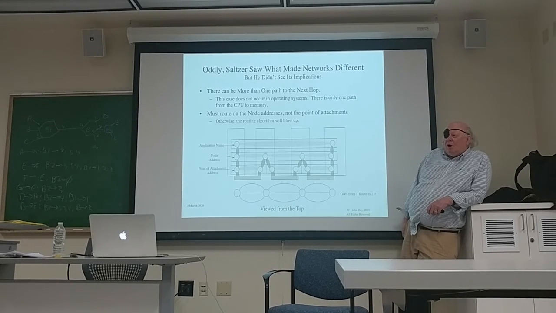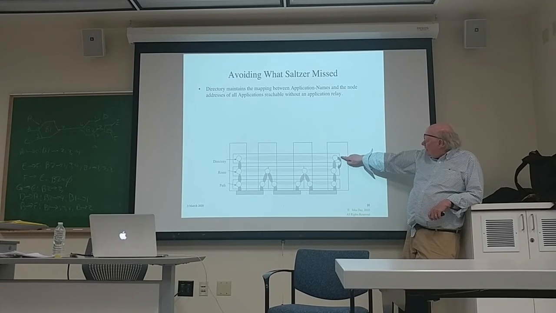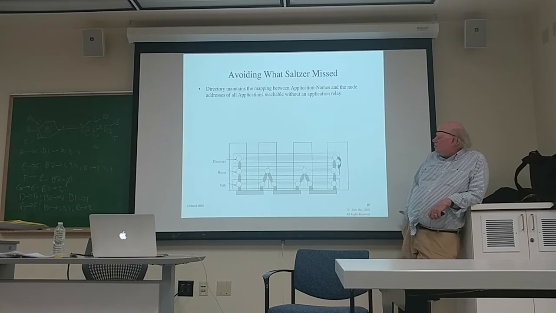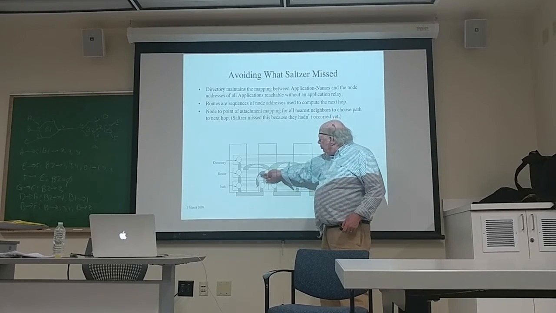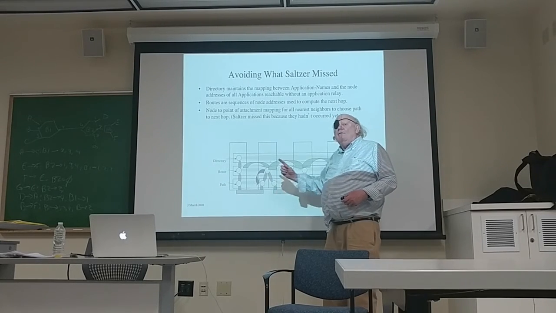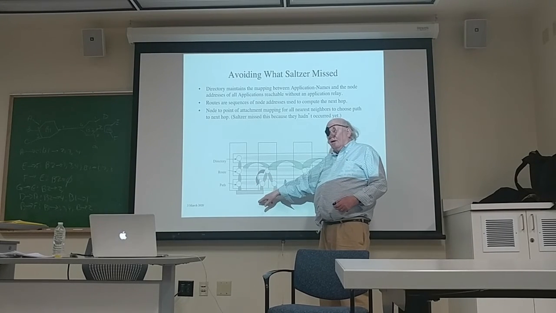So, this is going to blow up on us, big time. So what we really want is a directory that maps application names to node addresses. Then we want to say that our routes are sequences of node addresses. And then we need the mapping of node to point of attachment for all of our nearest neighbors, to choose which wire.